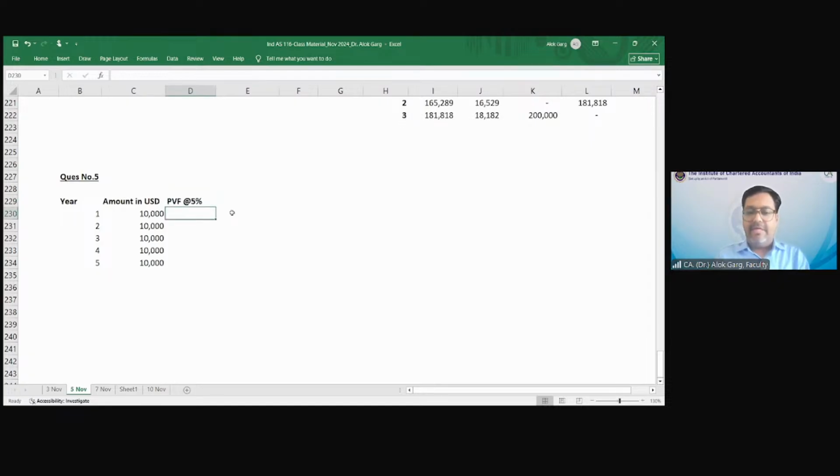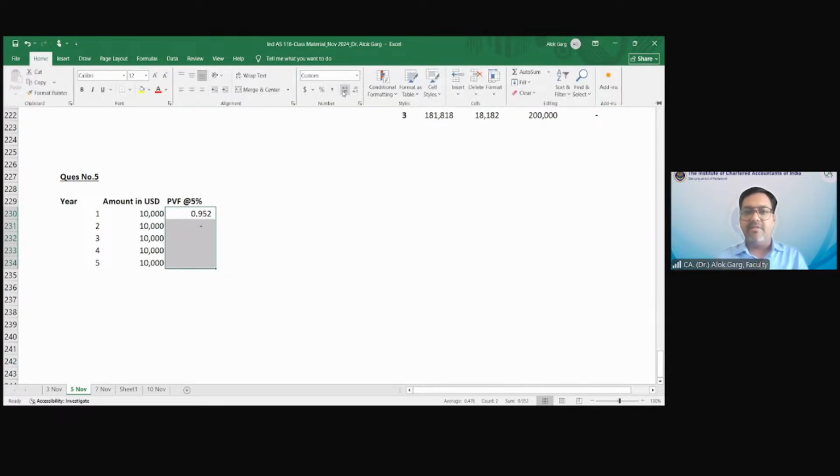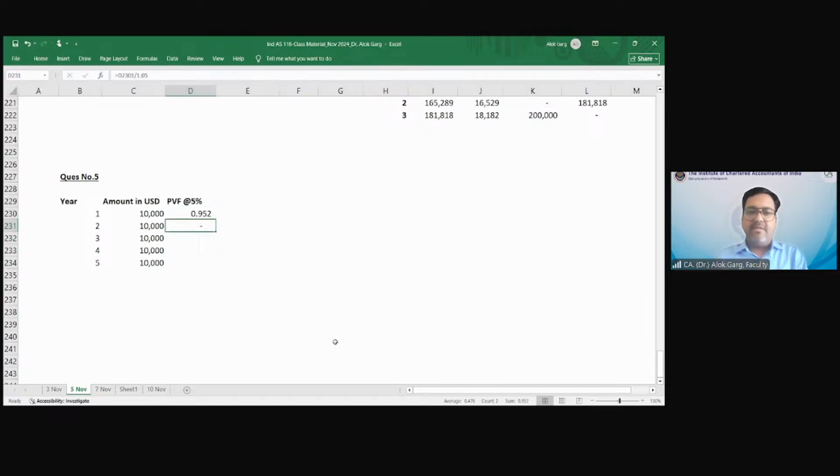And it is in arrear, so 1 divided by 1.05. What, 5 or 0.5? 1.05. Students also make this mistake, you know? They just simply write 1 divided by 1.5, instead of 1.05.